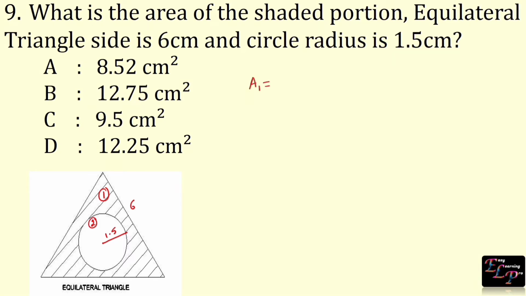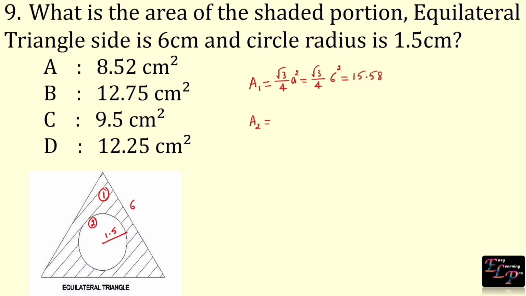First shape is equilateral triangle. Area of equilateral triangle is given by root 3 by 4 a square. Root 3 by 4. Side is 6 cm, so 6 square, which is equal to 15.58.